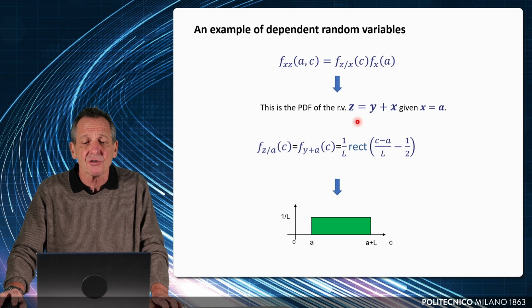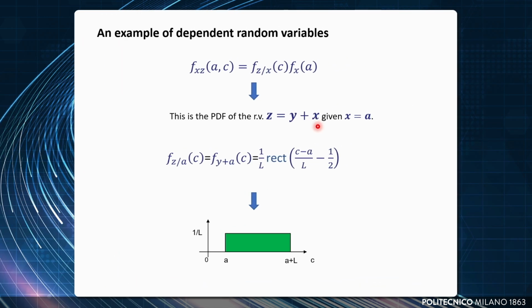Well, it is quite simple, because since z is y plus x, given x equal a, we have just to substitute x with a. And so the conditional probability of z given x equal a is the probability of y plus a here. And so the probability density function of y plus a, that is the conditional probability of z given x, is just this uniform probability, not from 0 to L, but from a to a plus capital L.